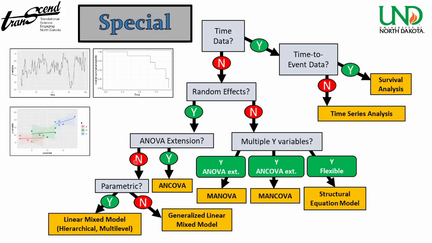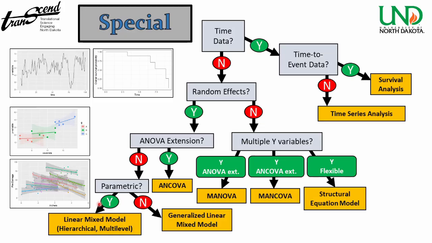Now, if you're not really thinking of it as being ANCOVA as much as ANOVA, you can go on to say, well, whether it's parametric or not. And so if it is parametric, what you're probably dealing with is something like a linear mixed model. This is also known as a hierarchical or multi-level model. So if you think of a linear model, a general linear model, that's one where the y variable is parametric and your x variables are all fixed variables we care about.